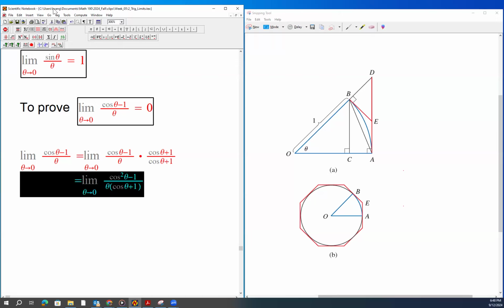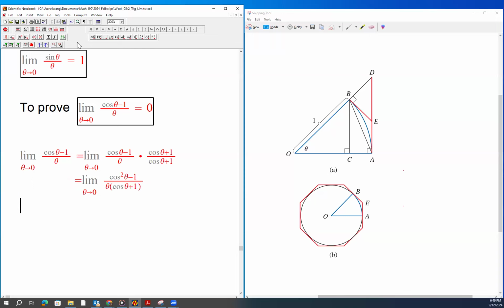And next, what we got is that we know an identity: sine squared theta plus cosine squared theta equals 1.